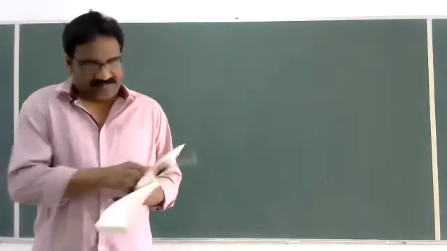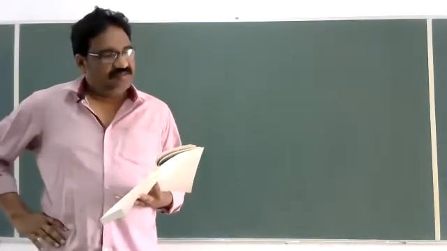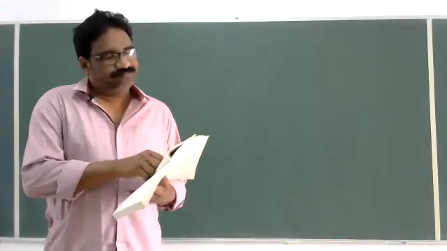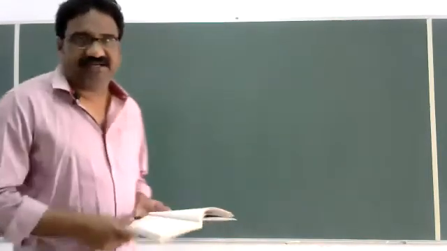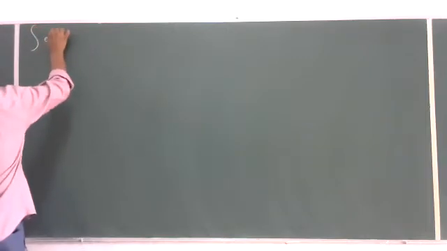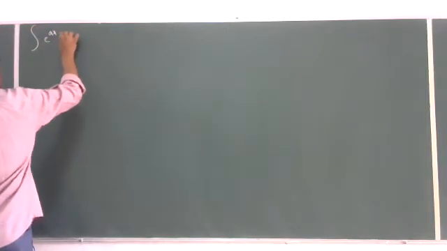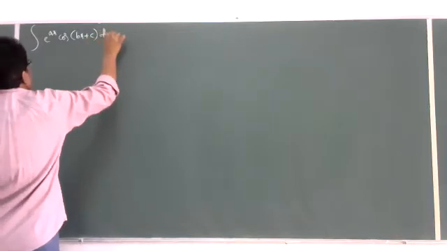Already in exercise 7.6, 20 problems are completed. After that 20th problem, we discussed two very important theorems. That is the integration of e power ax into cos of bx plus c dx.